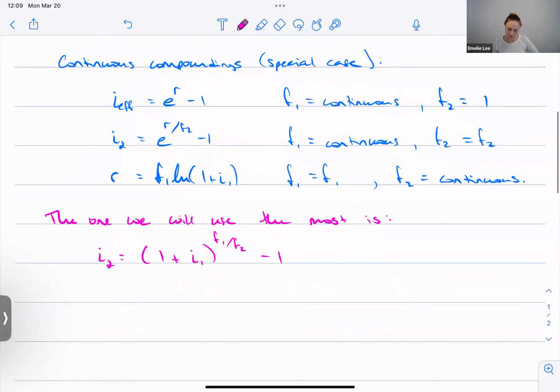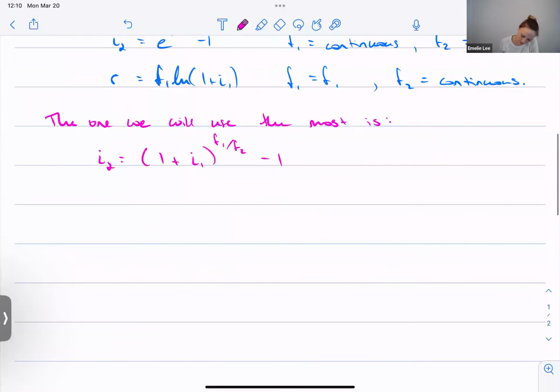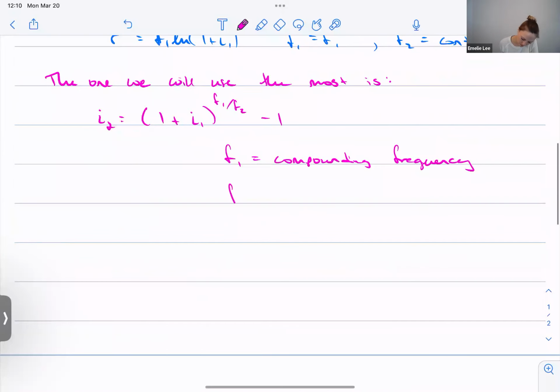That's the one we're going to use the most. F1 is going to be our compounding frequency, and F2 is going to be our payment frequency. If they're not the same, then you have to make adjustments.